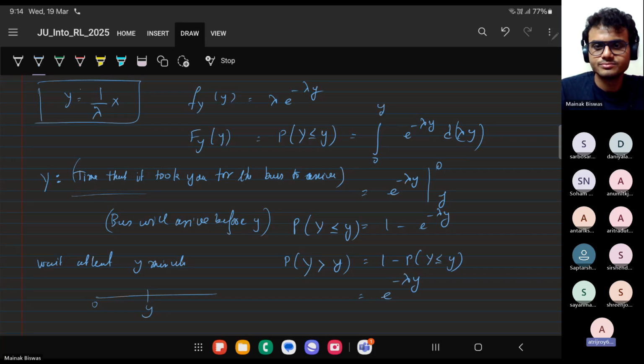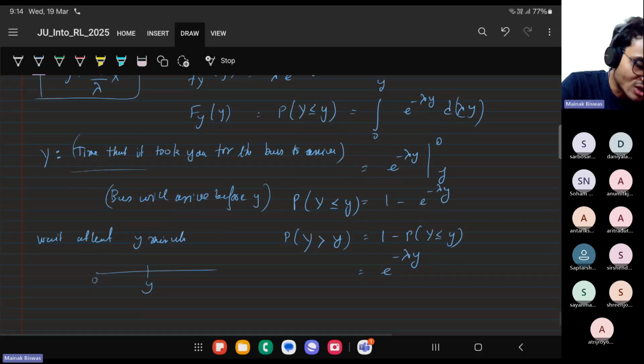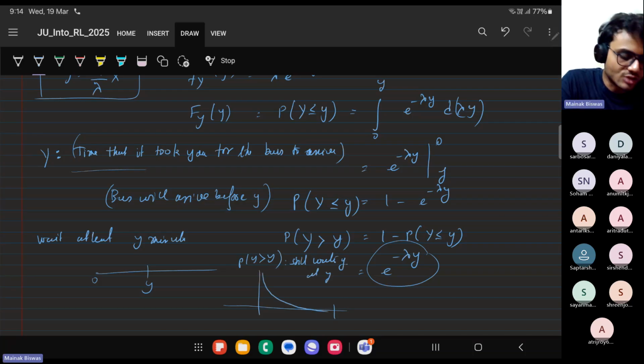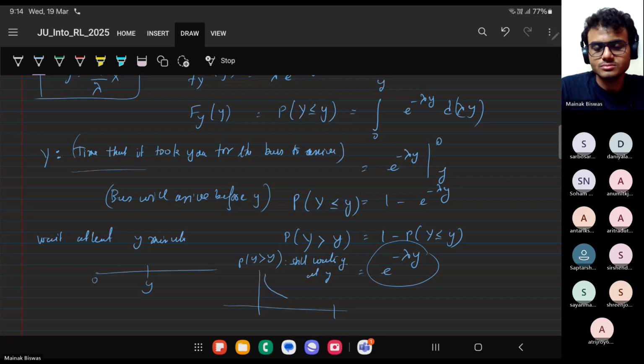So what is it actually telling me? It's telling me that I am still waiting after y time. So this function, P of Y greater than y, or still waiting at y, is going to become 0 very fast as we go towards infinity, right? Yes. You really don't have to wait. So this is the intuition behind this entire exponential distribution.